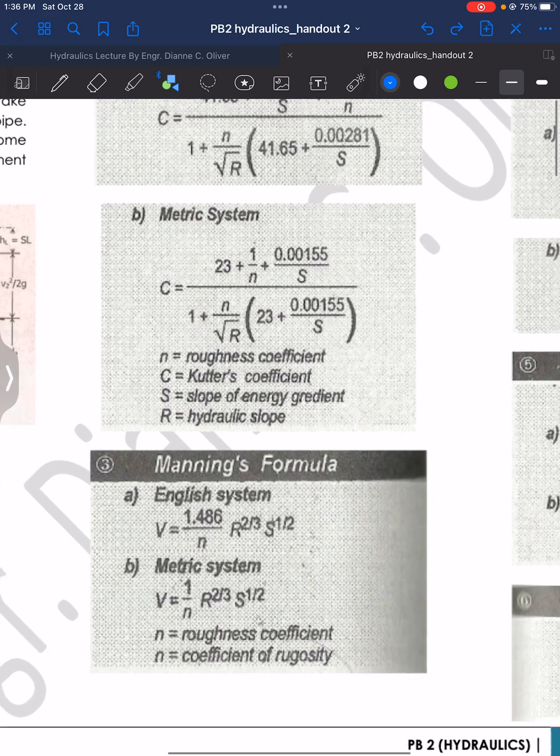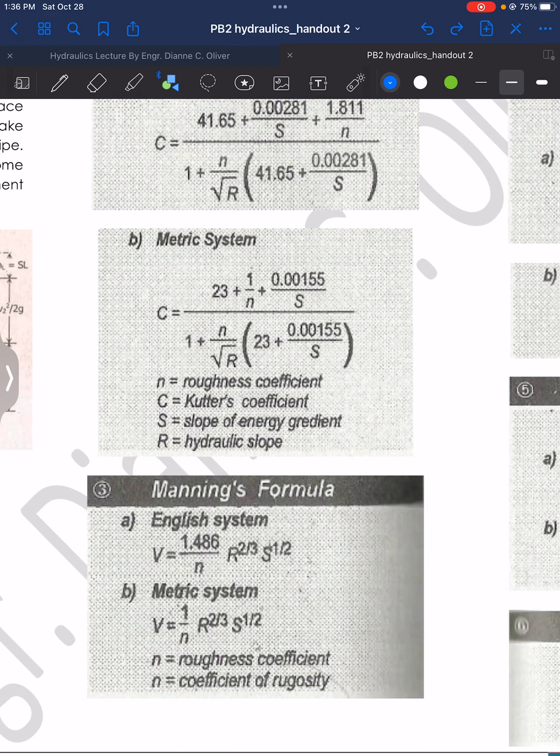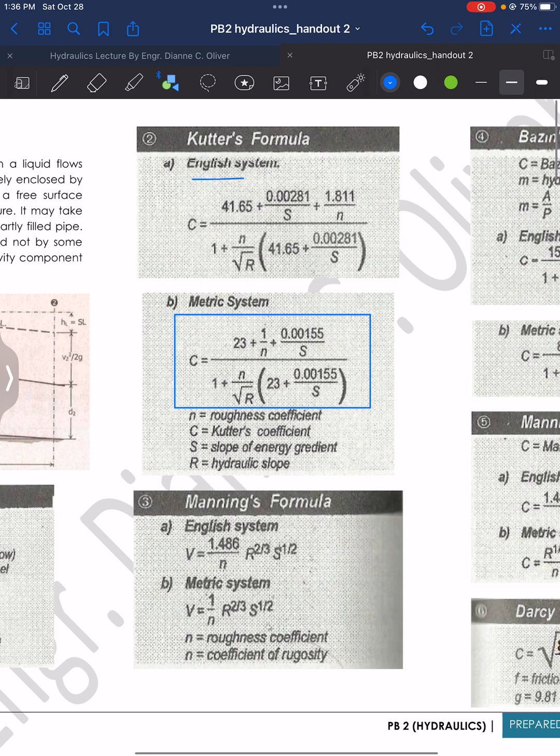This is our Kutter's formula, the Kutter's coefficient in the metric system, so we are going to use this. Instead of memorizing the English system, or memorizing the two of them, just memorize only one, so that if the units are in English, you can just convert them into metric and then use this one formula here.